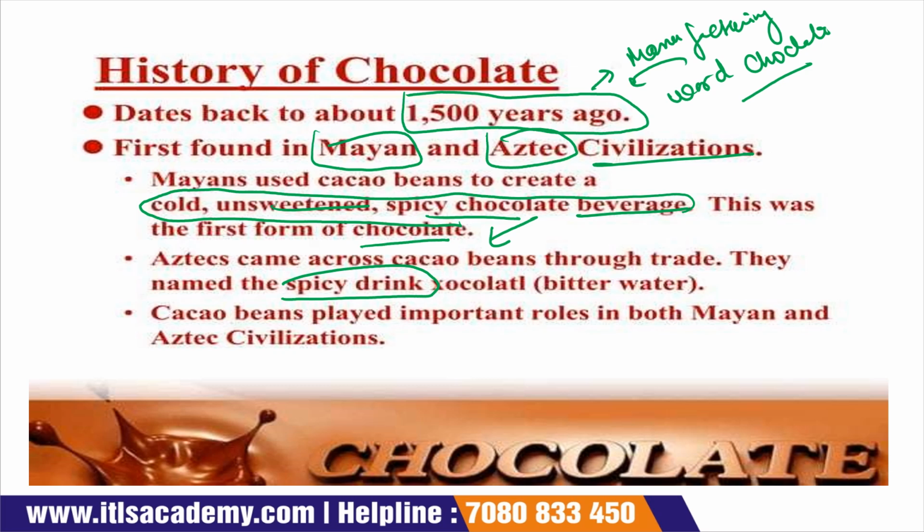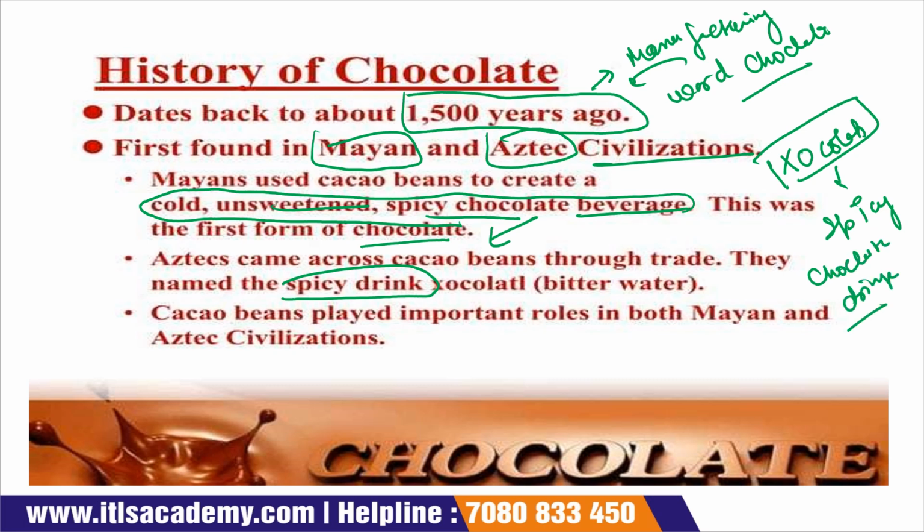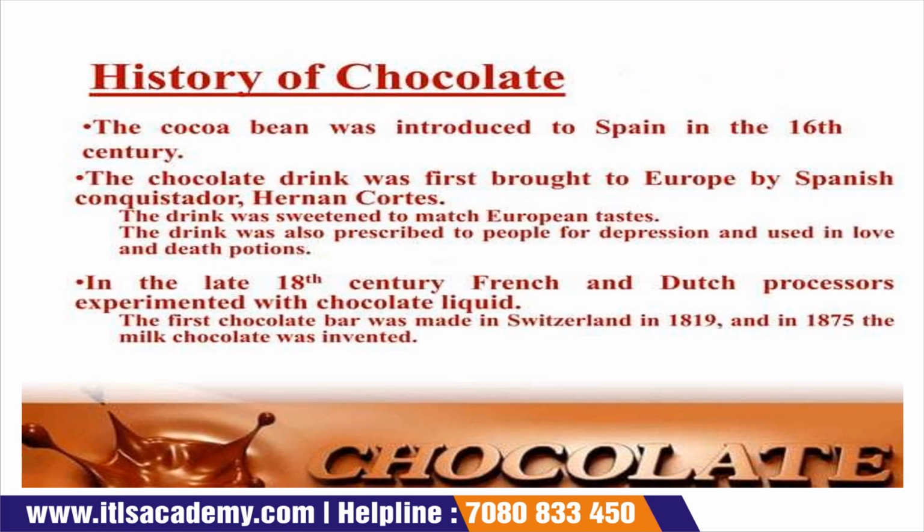That is the name of the chocolate drink, xocolatl, a spicy chocolate drink prepared by the Aztec civilization with bitter water. Now we all know that cocoa beans played an important role in both civilizations, the Aztec civilization and the Mayan civilization. Now come to the next slide.